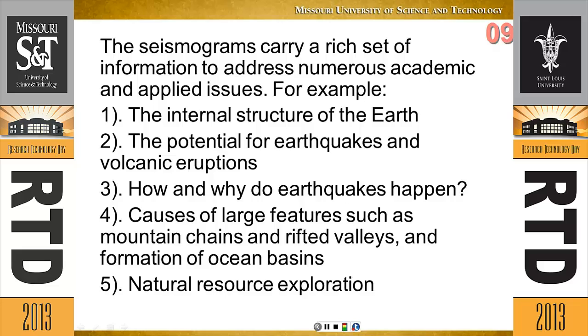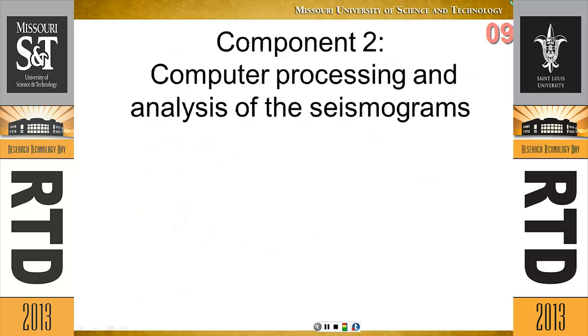And why we have the volcanoes in Oregon, for example. So all this information can be found in the seismograms, and also natural resource exploration. So these are very useful pieces of information.